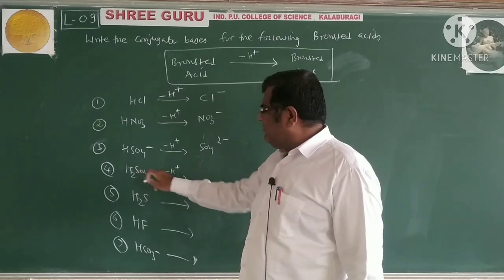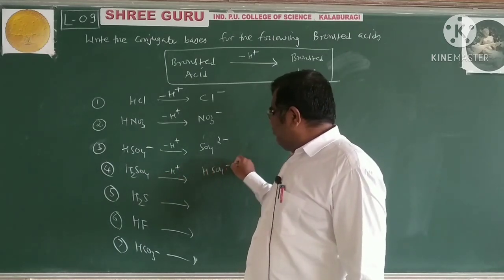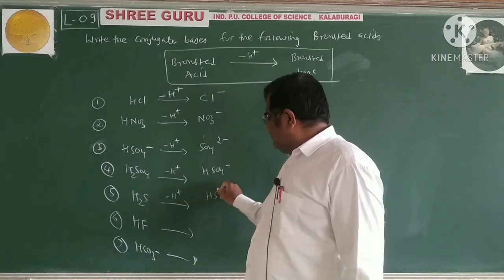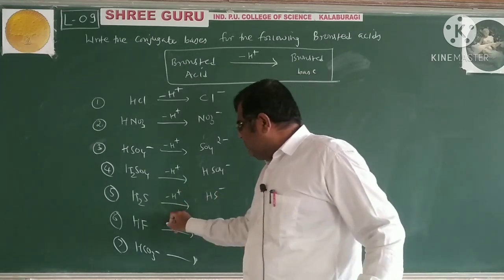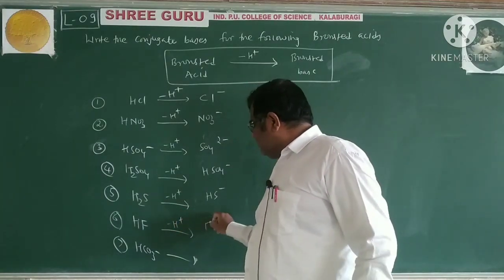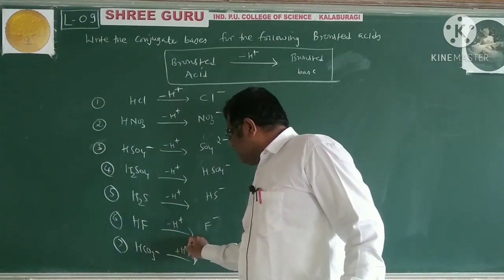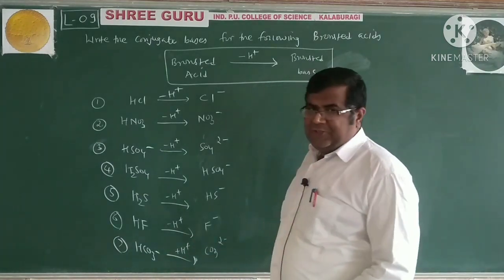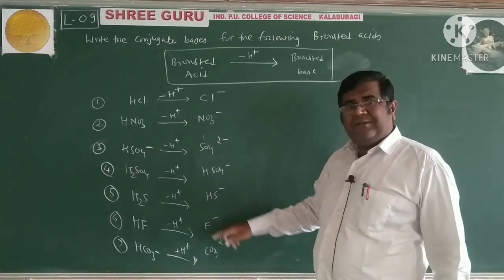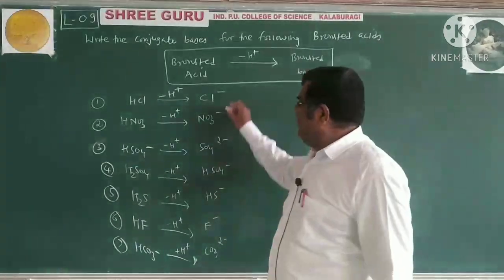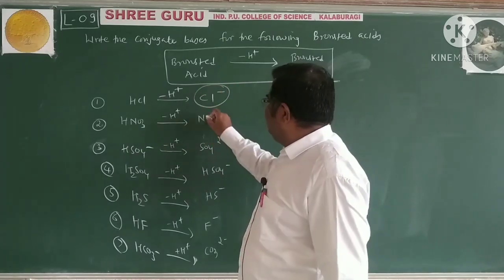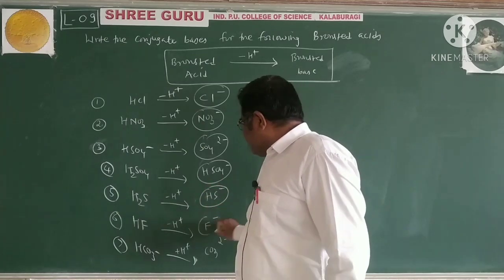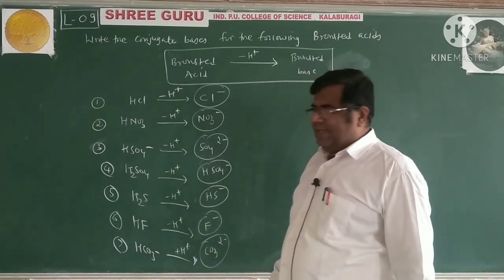Take out H plus from H2SO4, HSO4 negative. Take out a proton from H2S, HS negative. Take out a proton from HF, F negative. Take out a proton from HCO3 negative, CO3 two negative. So try to understand. We are removing one proton and we are getting the Bronsted bases of their respective Bronsted acids.